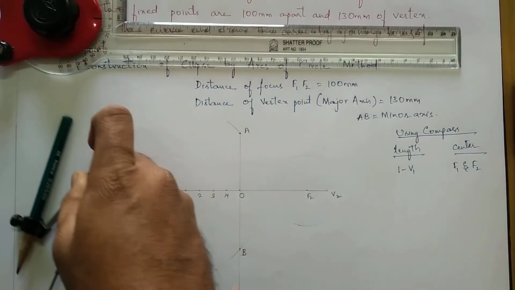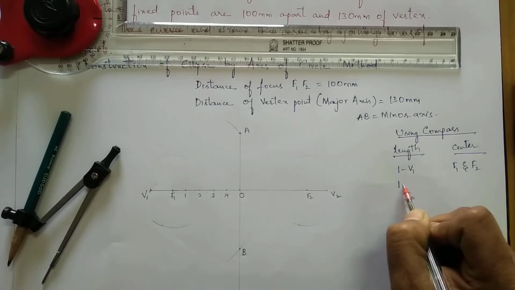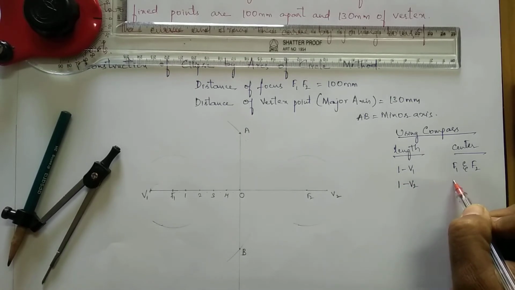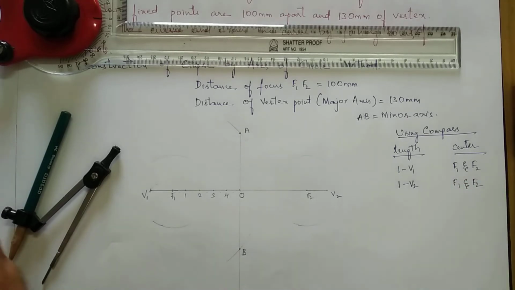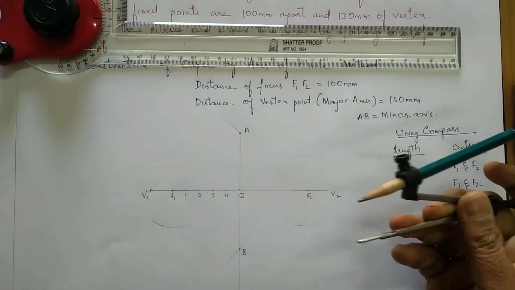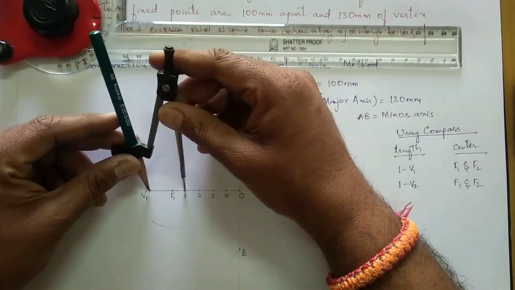Okay, now next. Same thing, 1 to V2 length, F1 as a center and F2 as a center, intersect the previous arcs. Now from here you have considered 1 to V1 length previously.